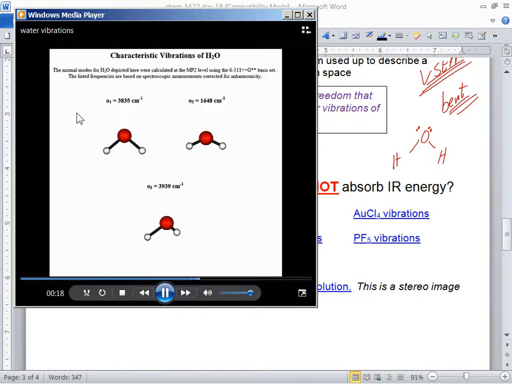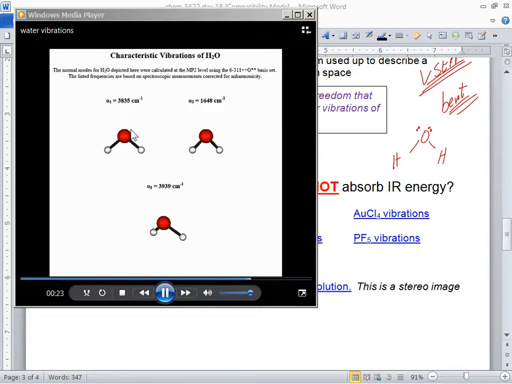And if it absorbs 3835 wave numbers, all that's going to change is what again? Amplitude. What's not going to change, Brandy? Yeah, that 3835 isn't going to change. The wave number is not going to change. And why does it say inverse centimeters again? It's 1 over the wavelength, exactly, in units of centimeters. That's just their convention, because then they get nice numbers on the plot. You don't have to write 10 to the negative 9 or anything.